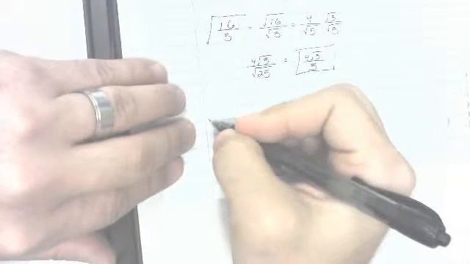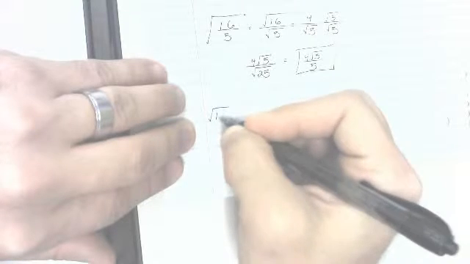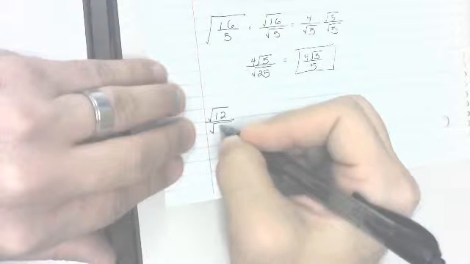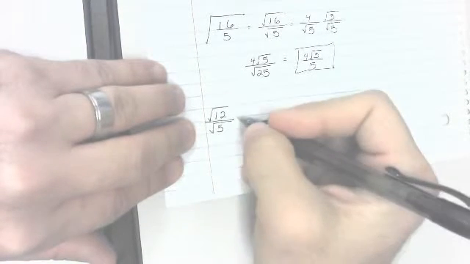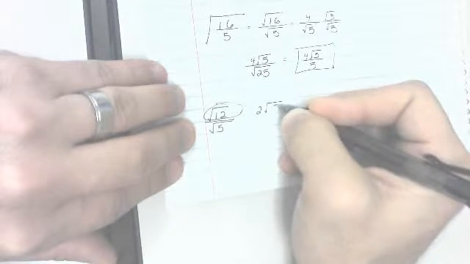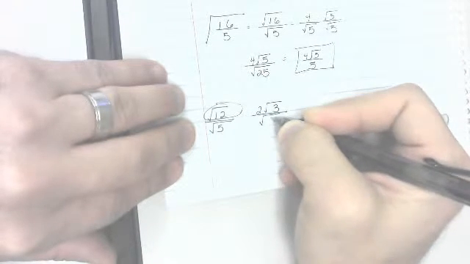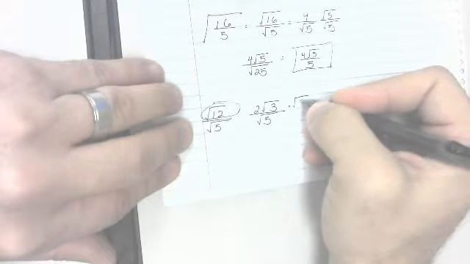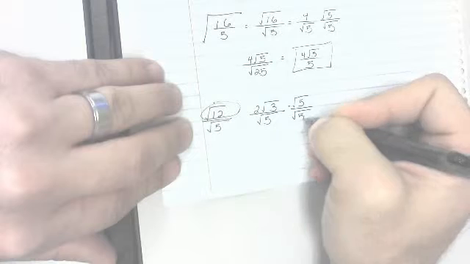Do two more examples. Square root of 12 over the square root of 5. Okay. I can take my numerator and reduce it to 2 square roots of 3 over the square root of 5. I've got to multiply both sides of my fraction again.